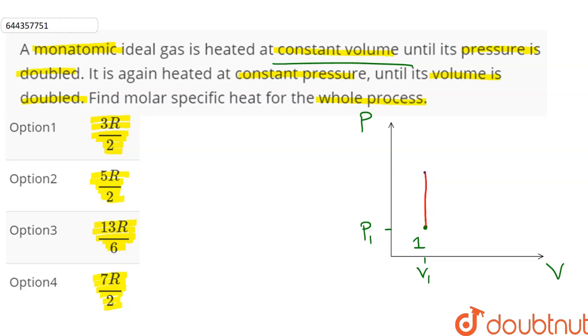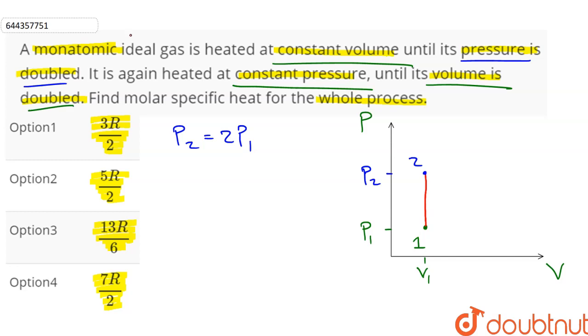This is the end of the constant volume heat addition process, and the pressure P2 will be twice of P1 as given here. And now it is again heated at constant pressure until its volume is doubled.